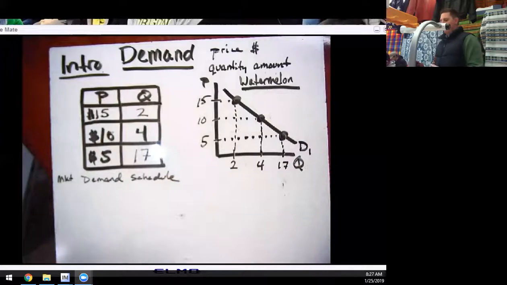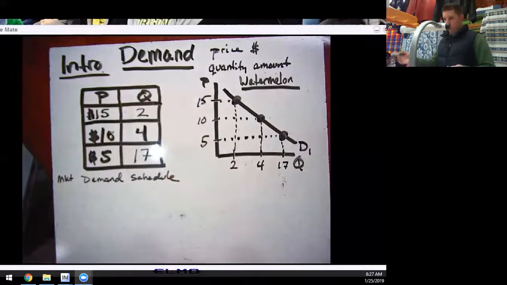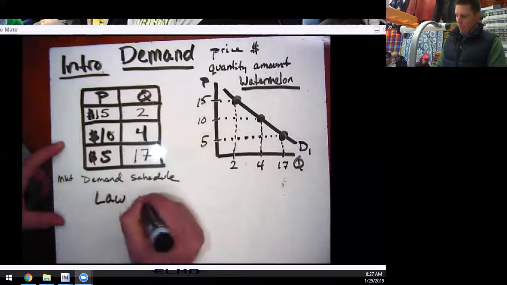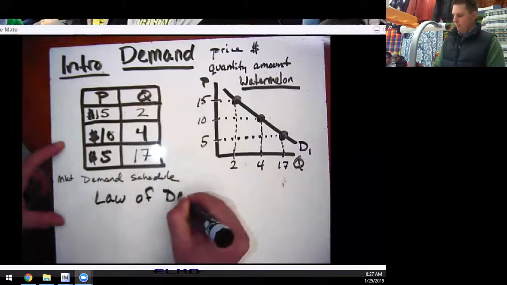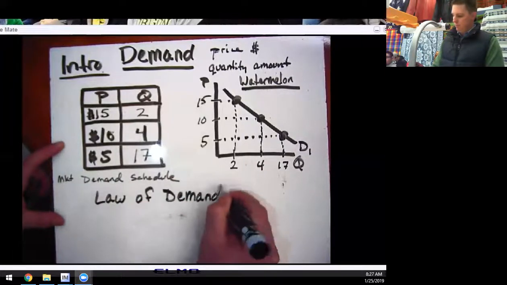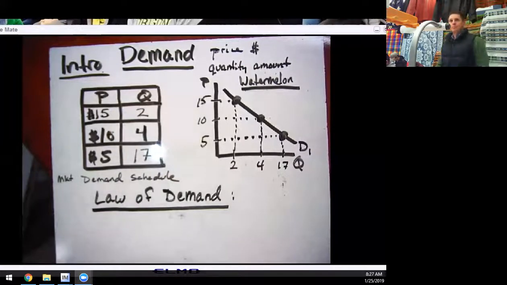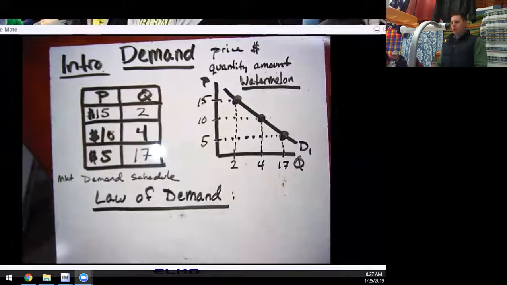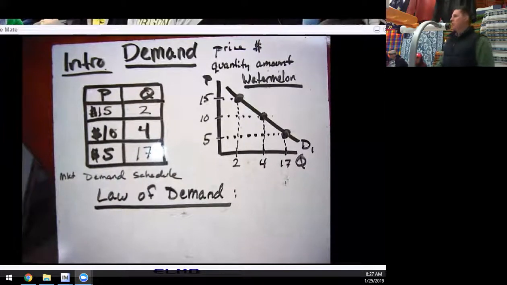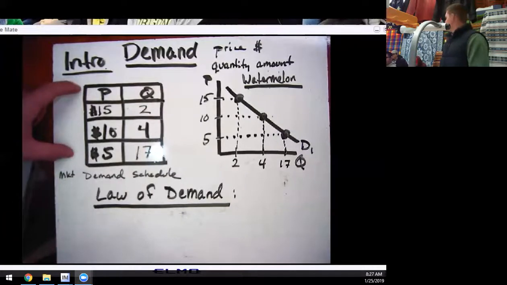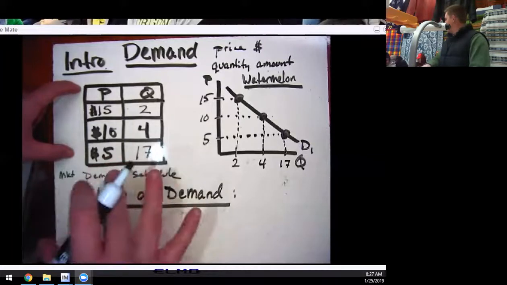All right, so now we want to set our first law down. Law of demand. We've talked about it. We have drawn it down and represented it in a schedule.